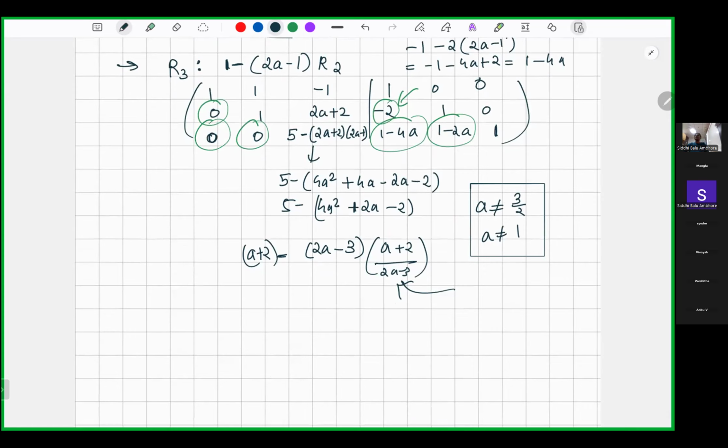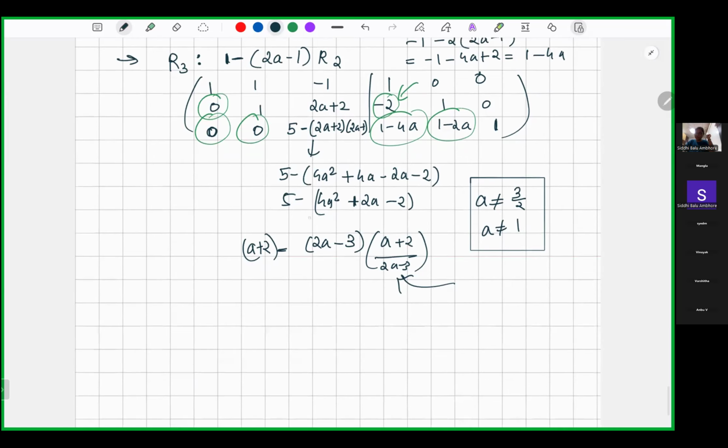So the condition which we started with for the matrix to be invertible or not invertible will all be satisfied. For example, here a not equal to 1 would play a role somewhere, which will give me what we need.